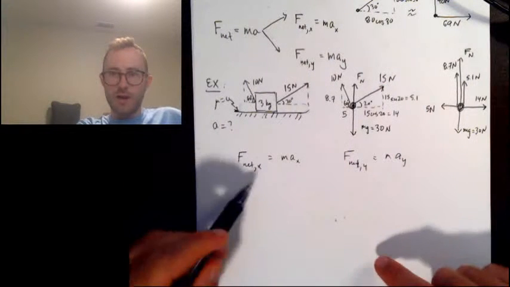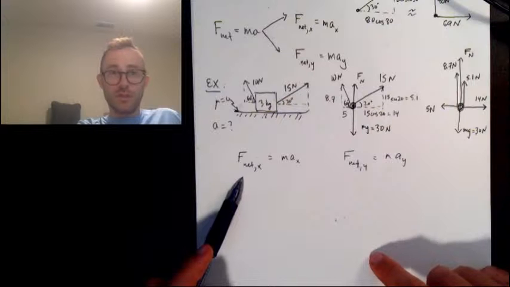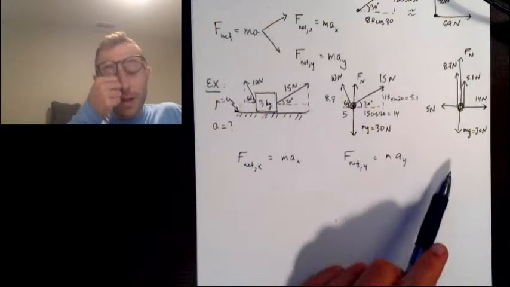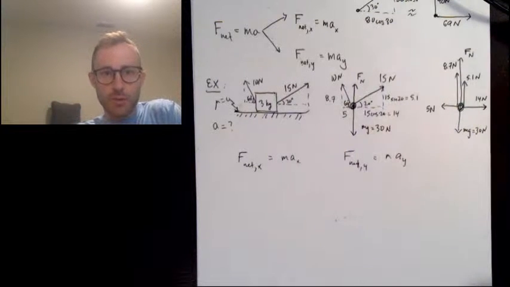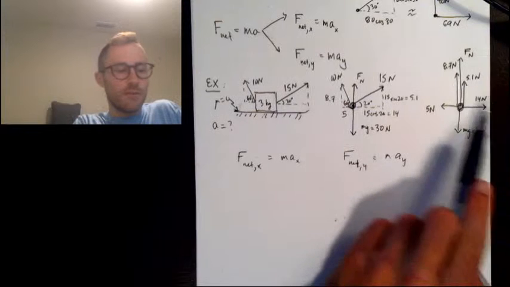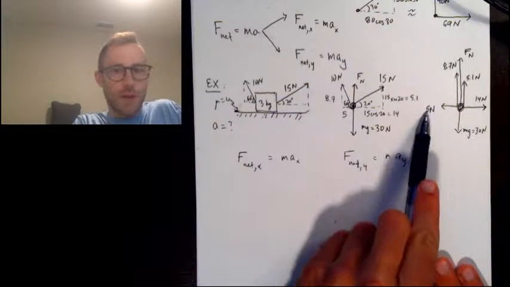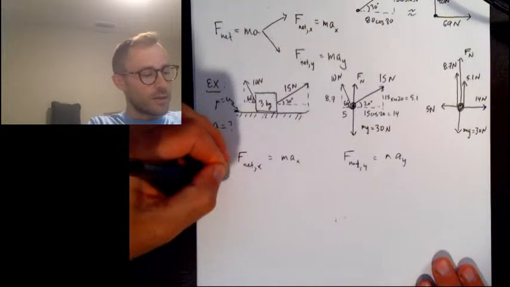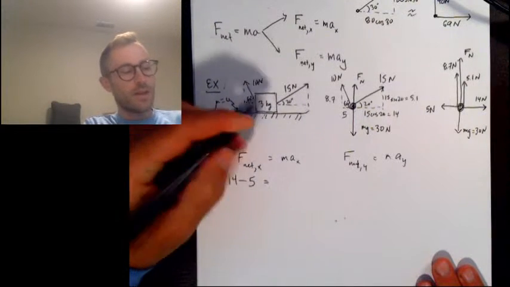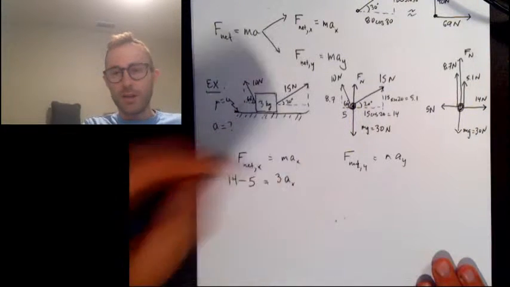So let's write out what is the net force in the x direction. Well, x is horizontal, so the net force in the x direction is right forces minus left forces. So we have 14 minus 5. Okay, so the net force in the x direction is 14 minus 5, and that equals 3 times a sub x.